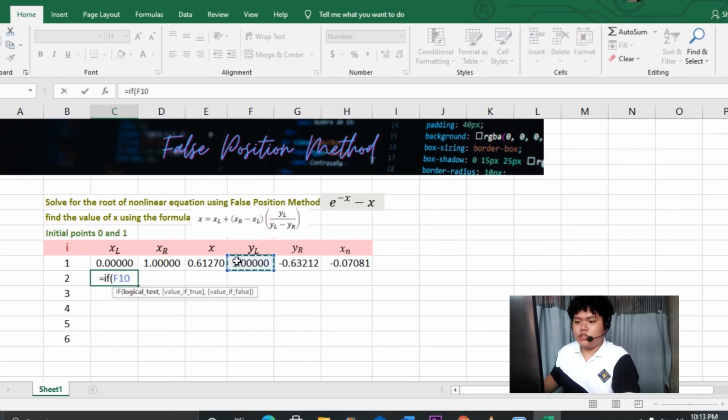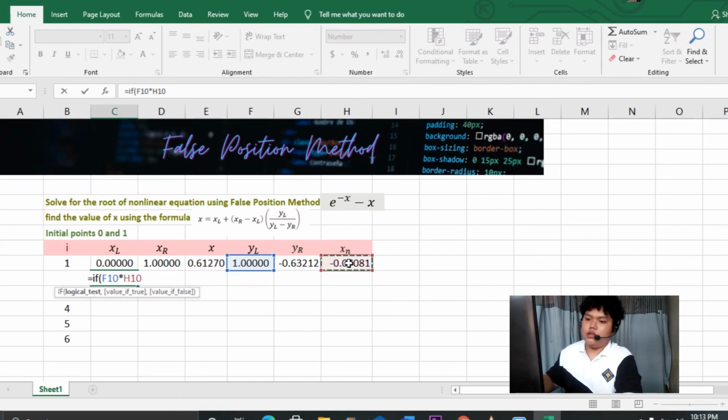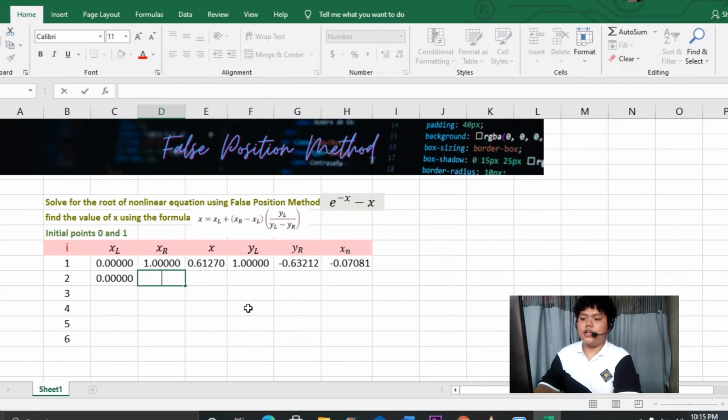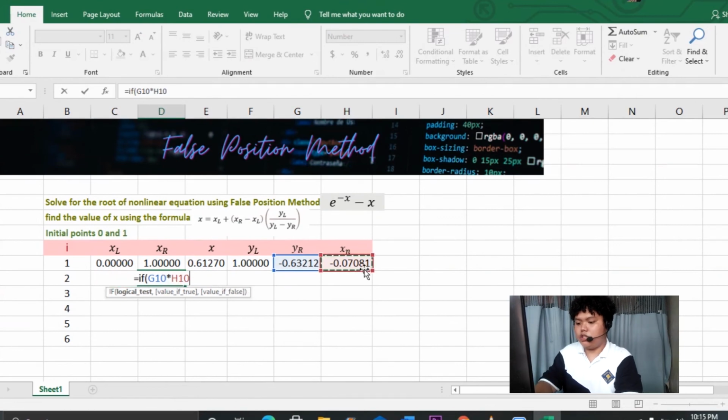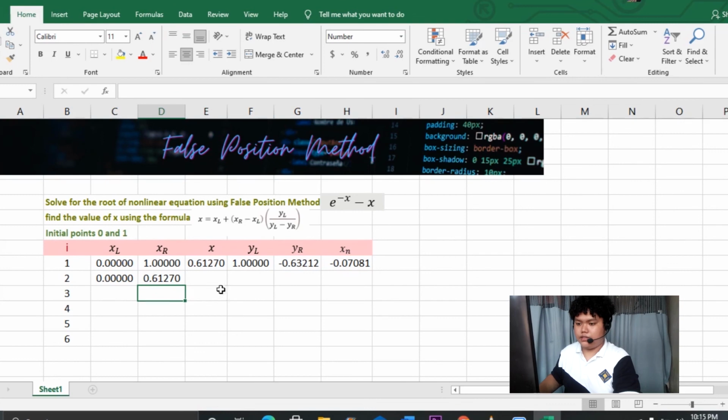If the function of the left limit multiplied by the function of x is less than 0, the left limit will retain, else x. Here, applying our second condition, if the function of the right limit multiplied by the function of x, which is the xn, is less than 0, the value of the right limit will retain, else change to the value of x.